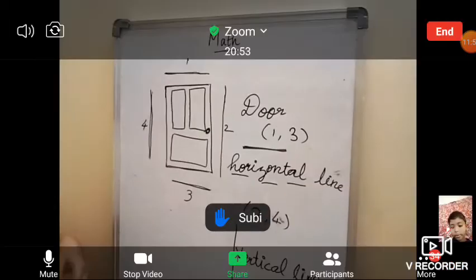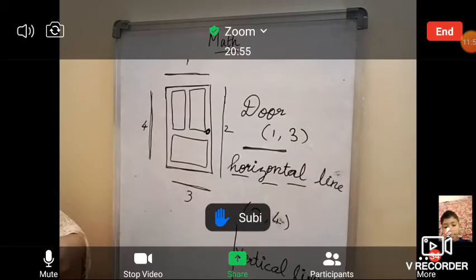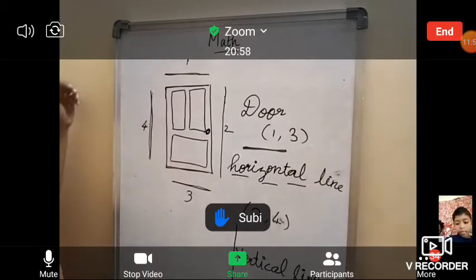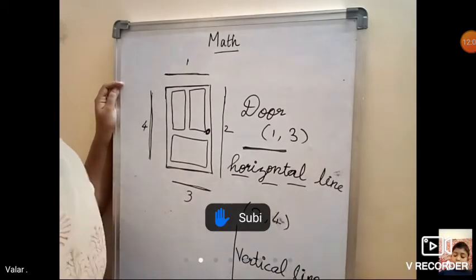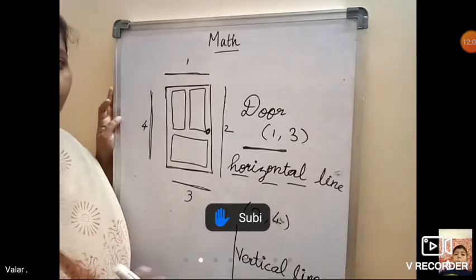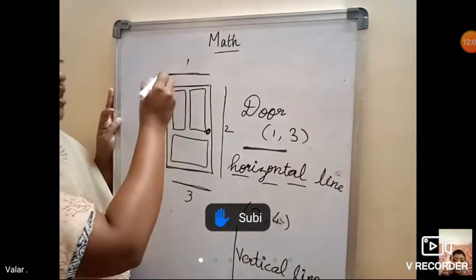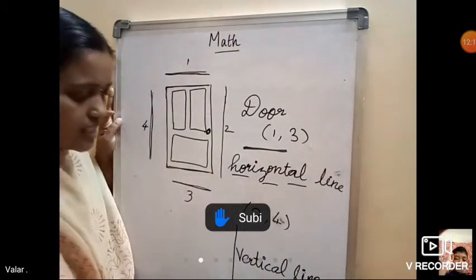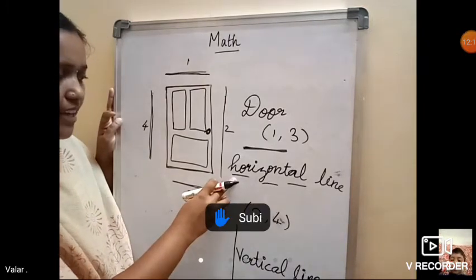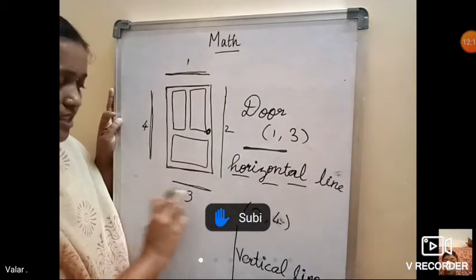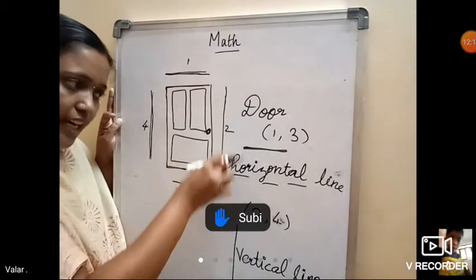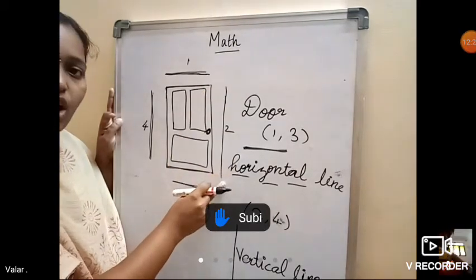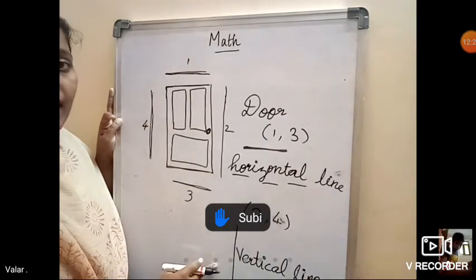So look, now we are learning the line, what are all the different types of lines in different shapes. If the line is like this, it is called a horizontal line. If it is in a standing position, we will call it a vertical line.